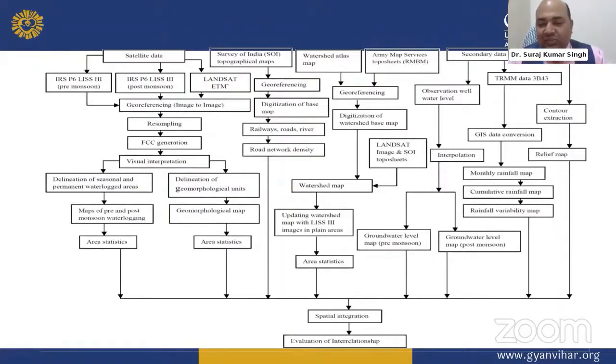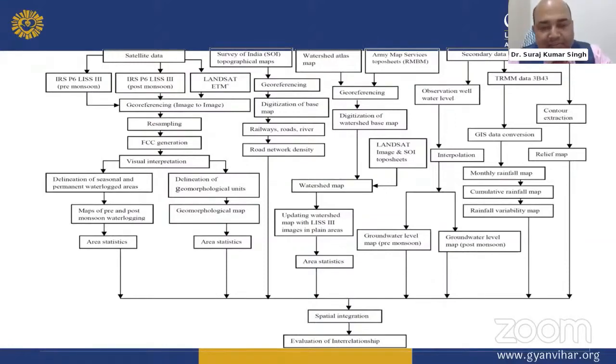And all these layers were created to create a spatial decision support system where we can highlight the areas where we can go for different kinds of reclamation measures, various kinds of watershed construction, check dams, nala bunds, in order to store water in case there is excessive runoff in that area.